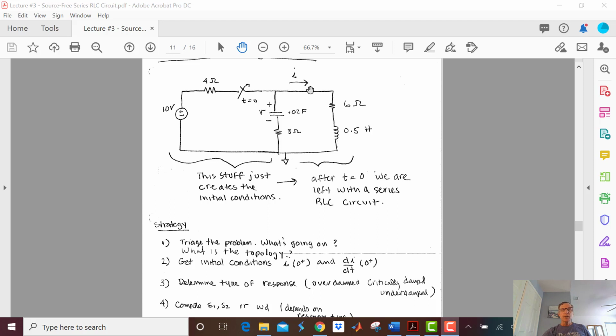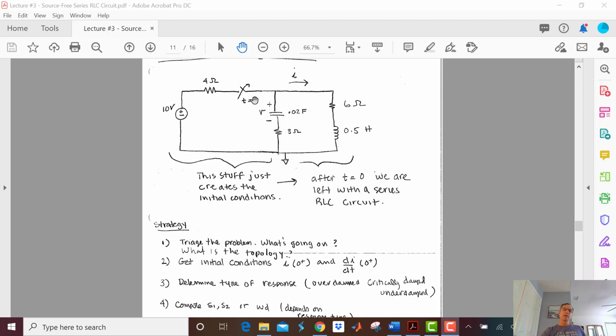So I got 1 amp going here. I got nothing here. That means I need 1 amp coming up this way. Really? Can I change the current in that capacitor instantly? Absolutely. Got a rule that even says I can. So at t equals 0 plus, this current will stay the same, but instead of getting it from this part of the circuit, that inductor is going to slurp it out of this side of the circuit. So that looks good.